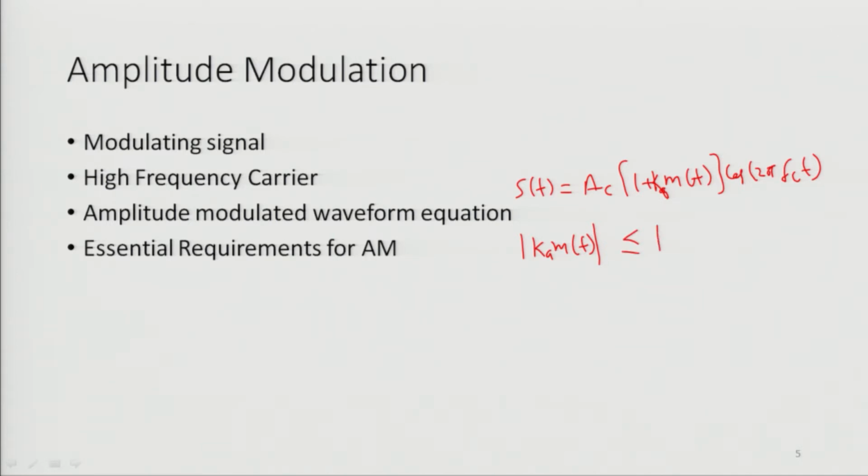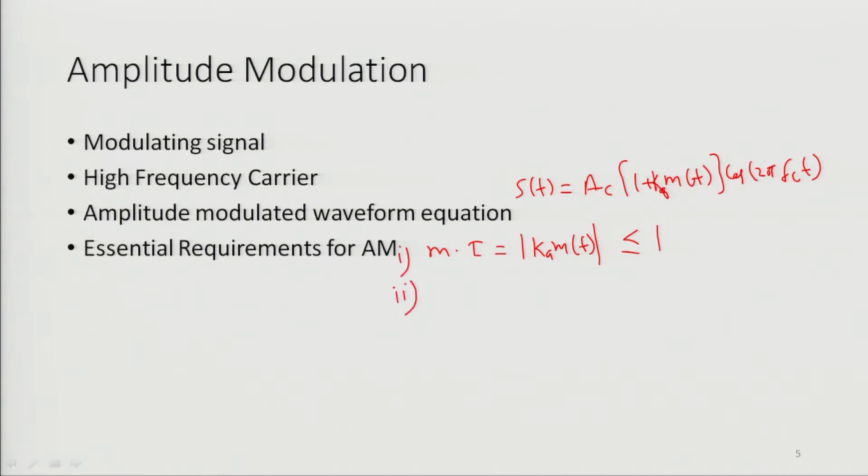It is nothing but the modulation index. Its value should be less than or equal to 1, and we will plot the s(t) waveform for modulation index less than 1, greater than 1 and equal to 1 in the next slides. Then there is one more requirement.